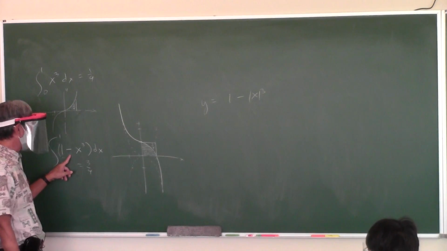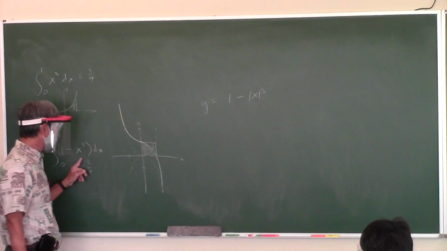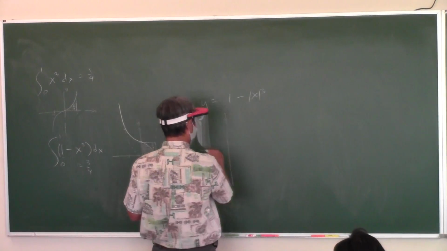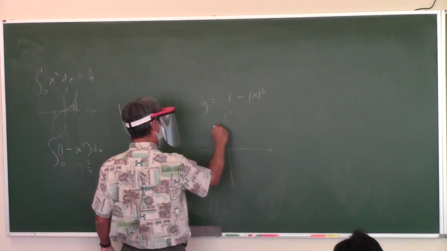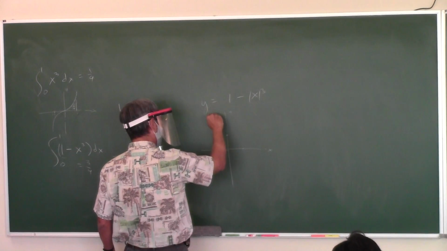So we know how to graph this, right? We just did it, it's right here. So here's 1, and it looks like this.